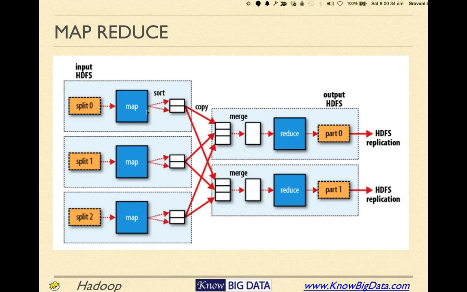Now in case this partitioning is happening like a random number, there would be chances that, let's say there is a key called apple, and apple went to the first bucket, and apple also came here as the output, and apple went to the second bucket here. In that case, one apple would be on the second reducer, and one apple will be on the first reducer, and therefore it will start becoming a problem.